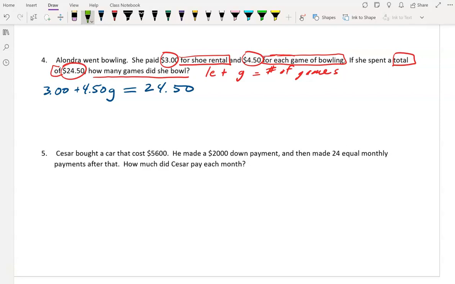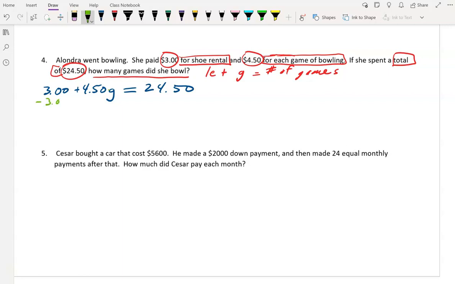And now we are going to solve the equation. Remember, we work backwards through PEMDAS when we're solving equations, only when we're solving equations. So we have to undo any addition or subtraction first. $3 is being added because $4.50 is being multiplied by G. We have to undo the addition of the $3.